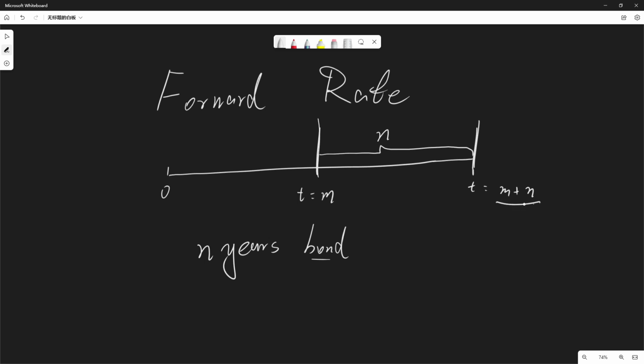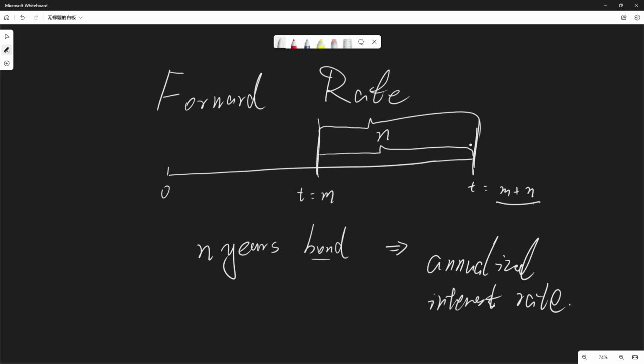at the time m plus n, which means that the maturity of the bond or the loan, depending on which side you're on, is n years, right? So the maturity of that bond is n years, and you're going to get the annualized interest rate of that bond during all this n years period.